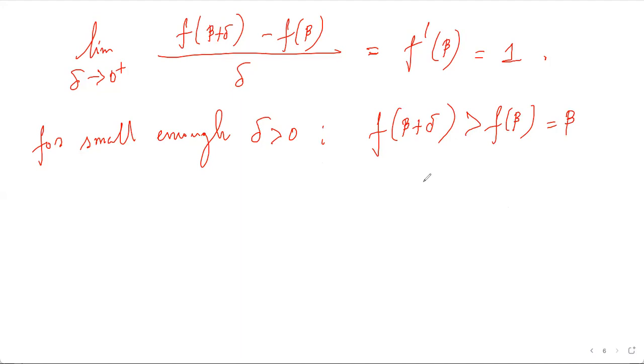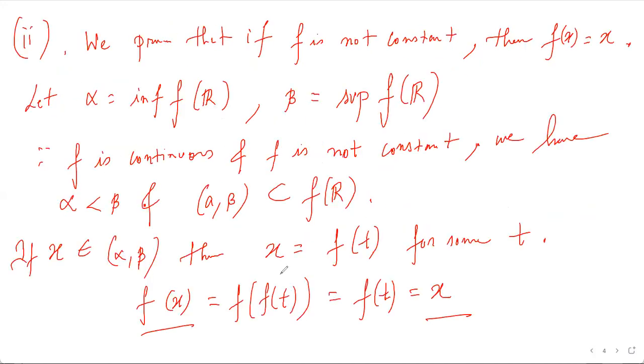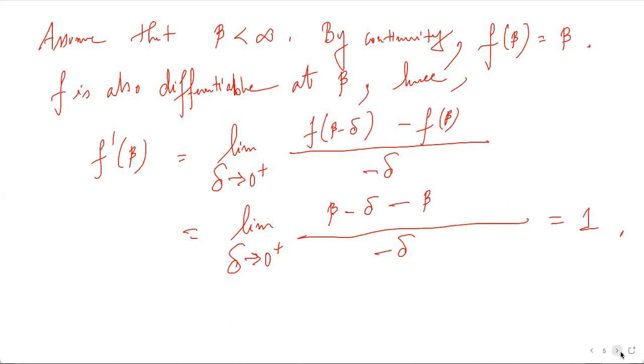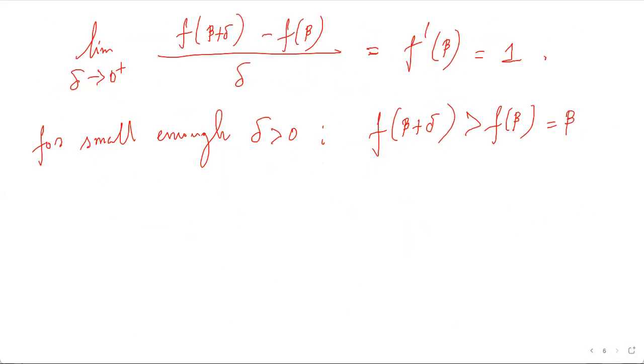So our hypothesis was that beta is the supremum of the range set. But finally we are proving that there is a point, beta plus delta, where f takes a value greater than beta, and that's a contradiction.